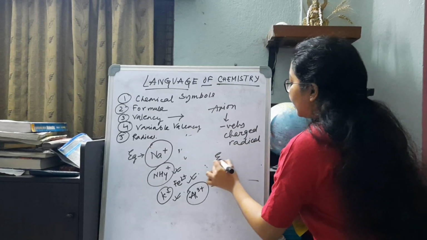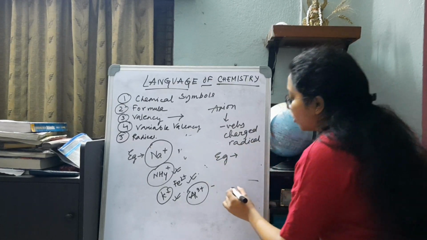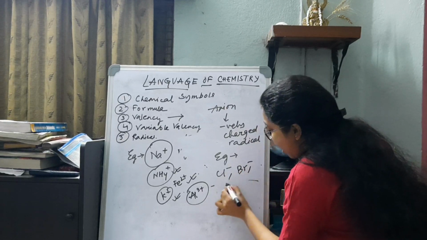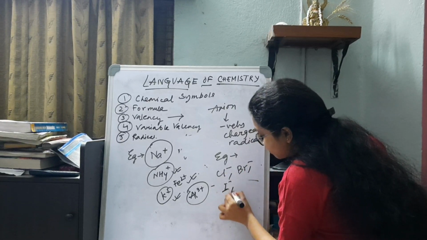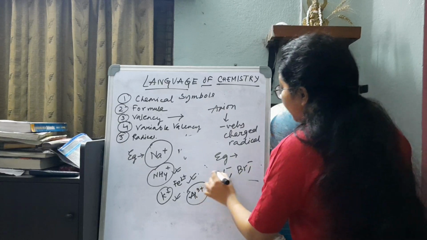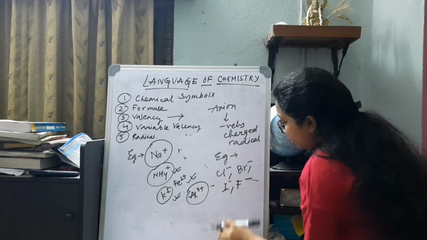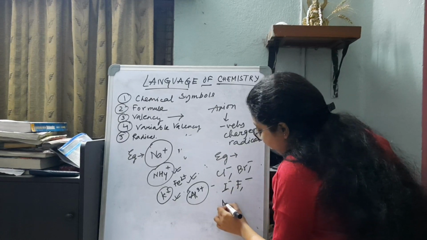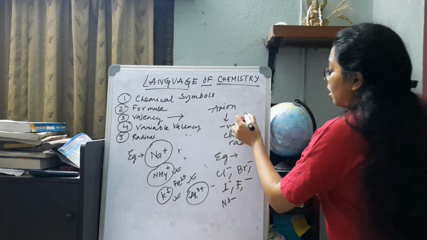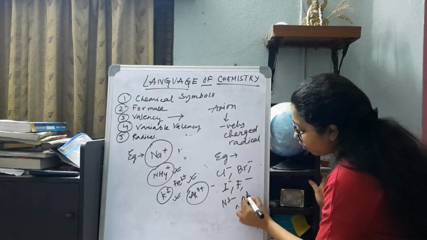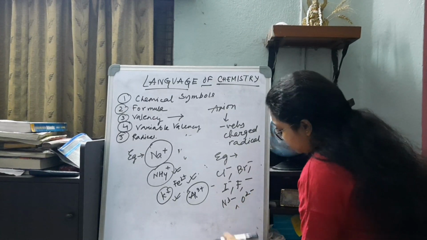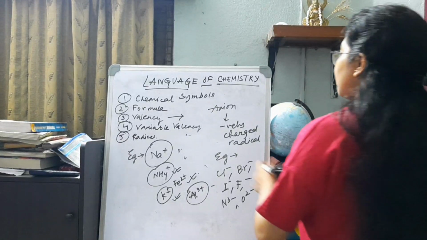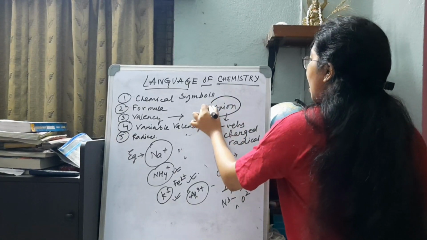For example, we have so many negatively charged radicals: Cl-, Br-, I-, F-. These are all negatively charged ions. Then we also have N3-, then O2-. So in this way there are many negatively charged radicals which are known as ions.